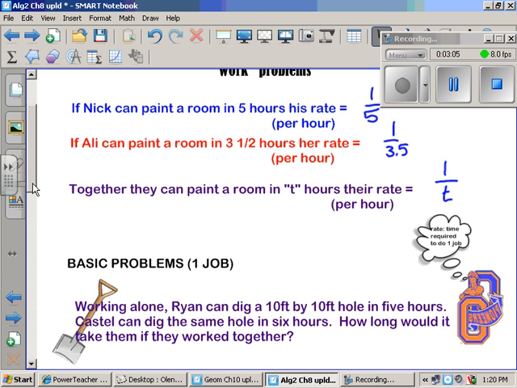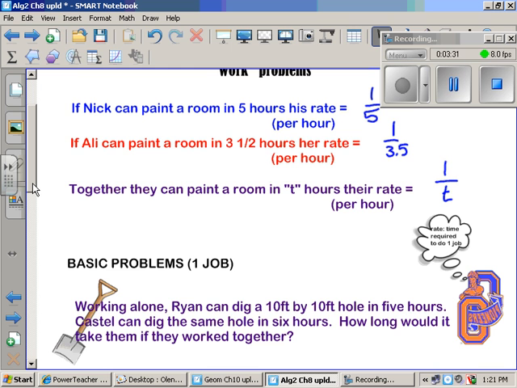Like, for instance, this one. Working alone, Ryan can dig a 10-foot by 10-foot hole in 5 hours. What's the job? Digging a hole. No matter what size it is, 10 by 10, 20 by 20, that's the job. So if he can accomplish it in 5 hours, how much can he accomplish in 1 hour? 1/5, right?